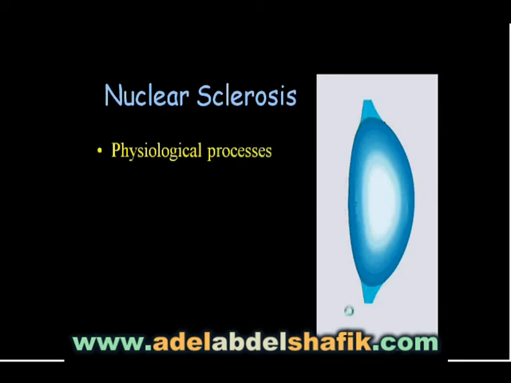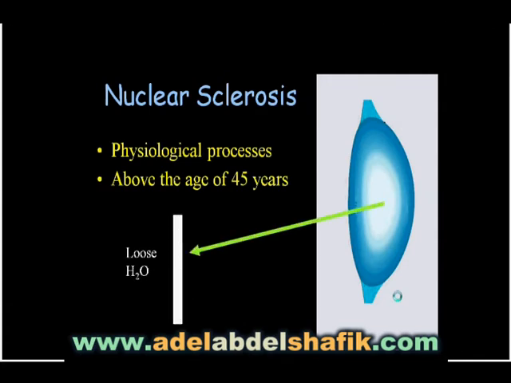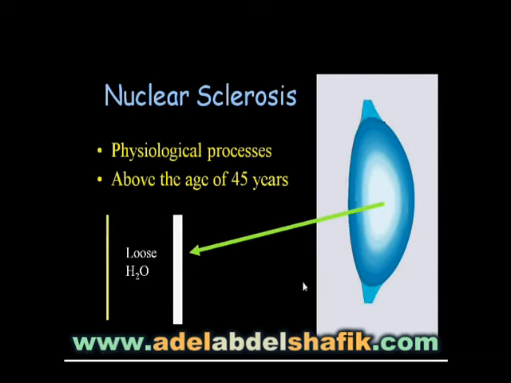So nuclear sclerosis is a physiological process that occurs above the age of 45. It results in that the fibers in the central part, the nuclear fibers, they lose the water, so they become sclerotic and become smaller in size. So this will help preventing the lens from getting into a very huge size.